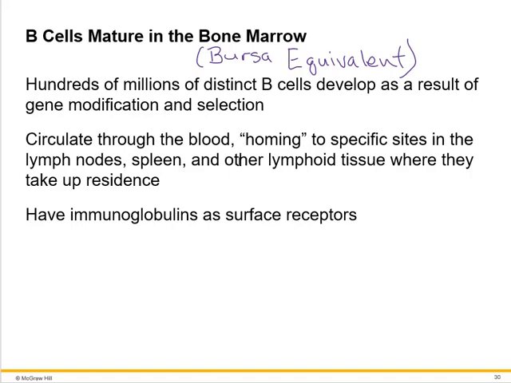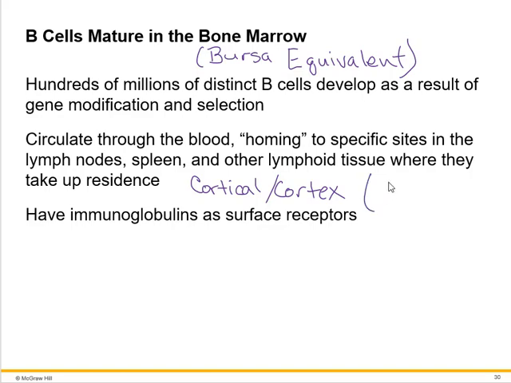So they circulate in the blood and home into specific sites of the lymph nodes in the spleen and other lymphoid tissues where they take up residence. And again, for the B cells, this particular lymphoid area is called the cortical region or cortex.